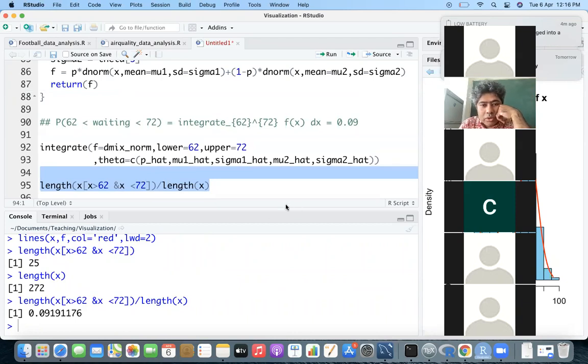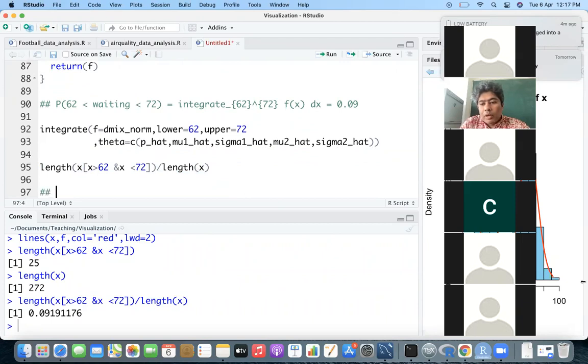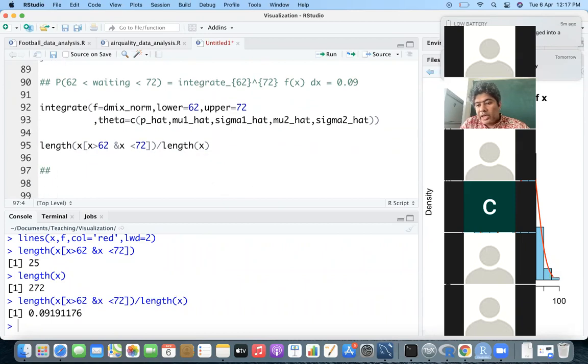What about, if I really want to estimate the tail behavior, maybe 95 and above or 100 and above? Okay, so how many cases are there?